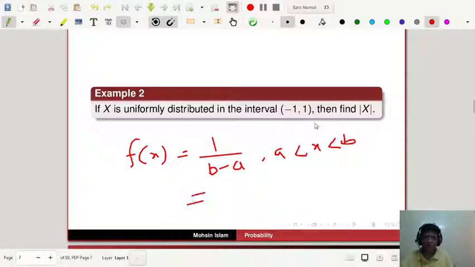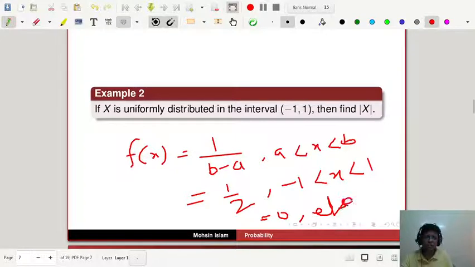So that is equal to 1 by (1 plus 1), that is half, if -1 less than x less than 1, and 0 elsewhere. This is the probability density function of X.